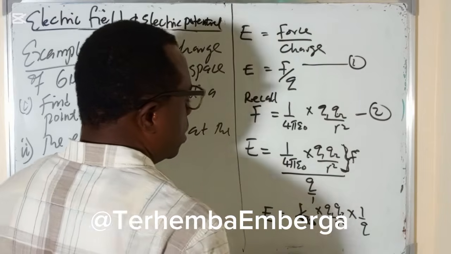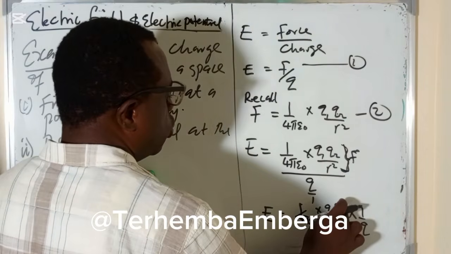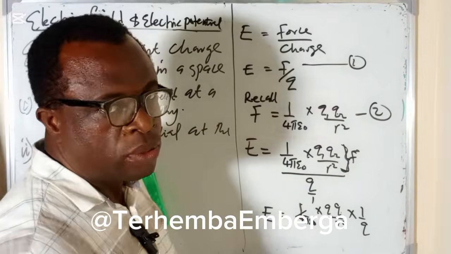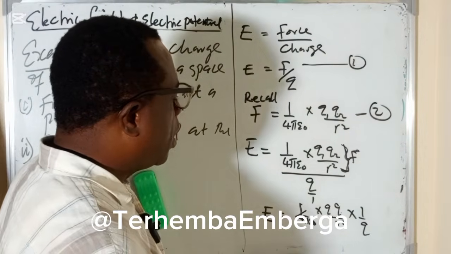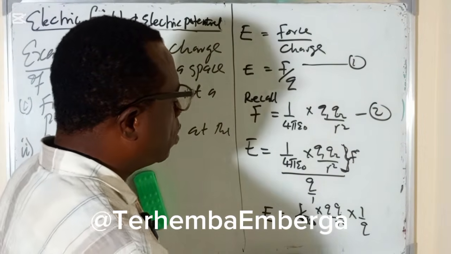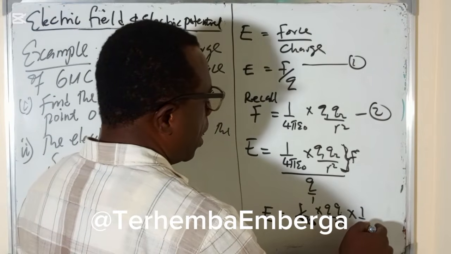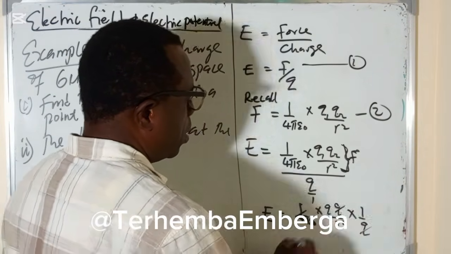We are familiar with this. We are assuming these charges are of equal magnitude. Assuming the charges are of equal magnitude, we have QQ all over this. So we can now cancel this.